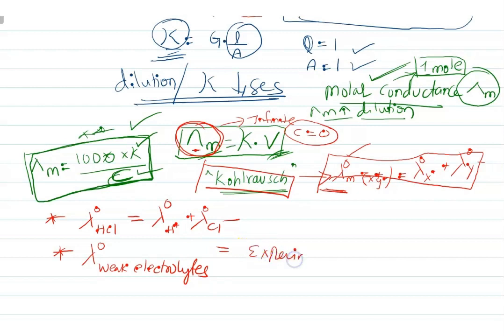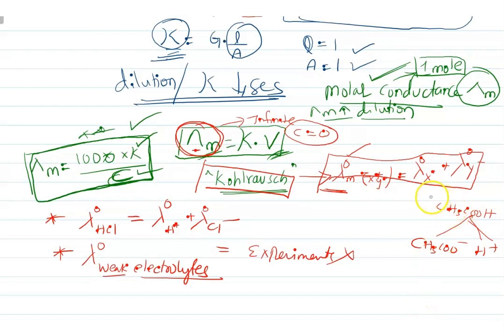Why? Because the name itself says it's a weak electrolyte. Weak electrolyte means it will not get completely dissociated. For example, acetic acid, a very famous example of a weak electrolyte. It will not completely dissociate into acetate ion as well as H plus ion.